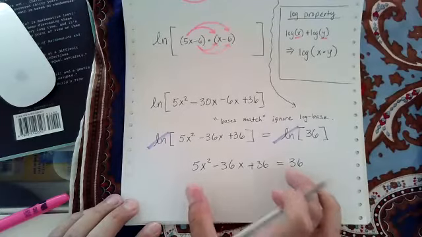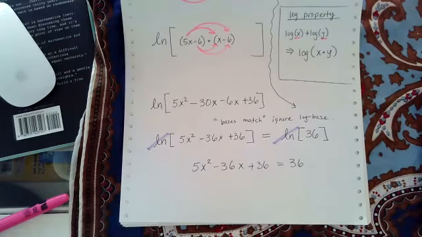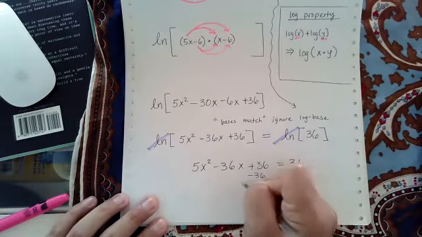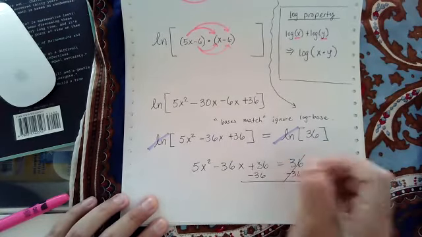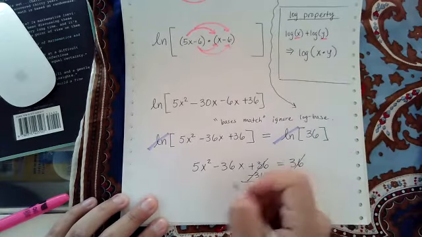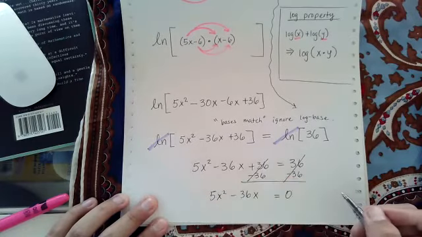So there's multiple ways to solve this quadratic equation. The first step when you're solving a quadratic is to get it into standard form. That is, we want the equation equal to 0. So I'll subtract 36 on both sides. And it turns out that this cancels out to 0. This also cancels out to 0. 5x squared minus 36x.